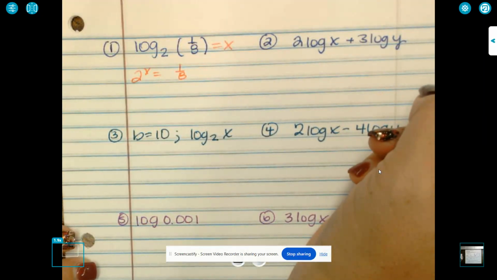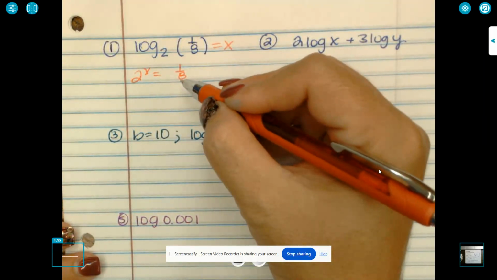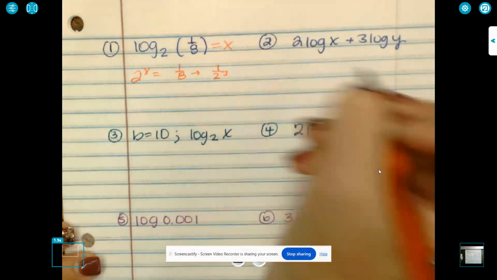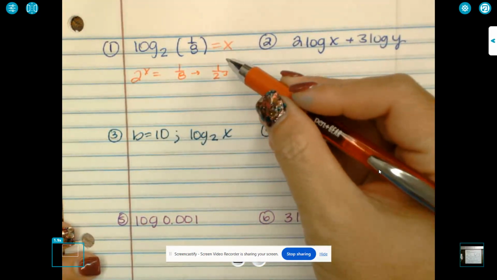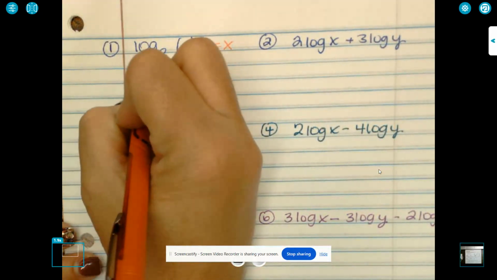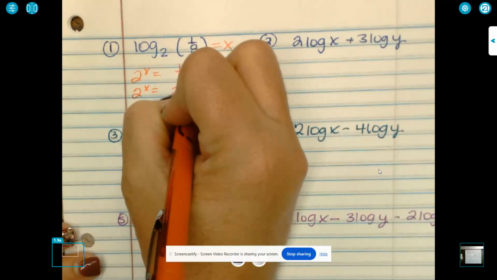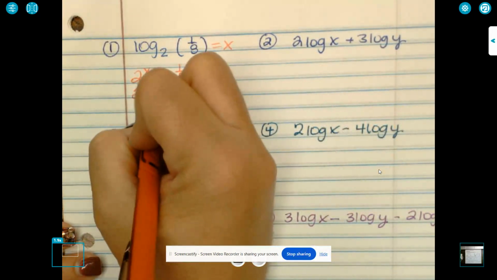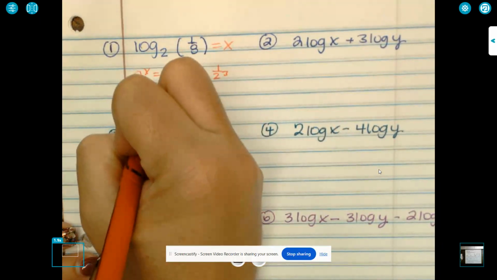We want the same base, and we can make 8 a base of 2. I can make that 1 over 2 cubed, and if it's in the denominator and we want it in the numerator, we just change the exponent to be negative. So 2 to the x equals 2 to the negative 3. Once you get the same base, you can set your exponents equal to one another. So x equals negative 3.